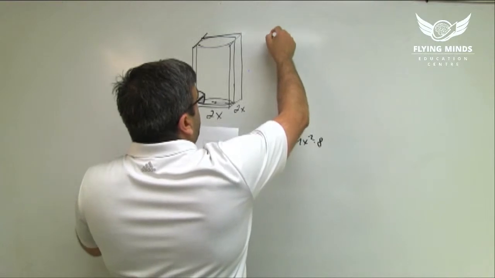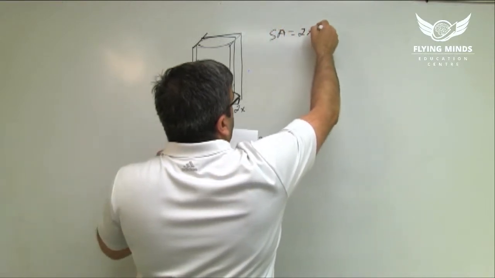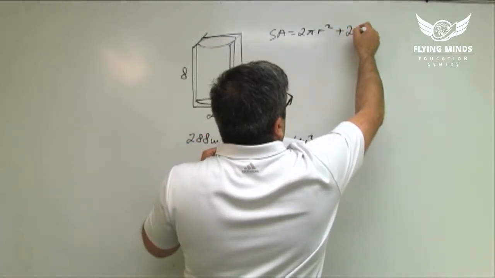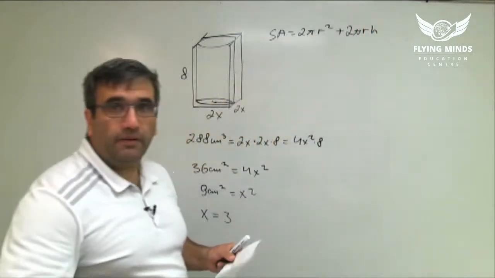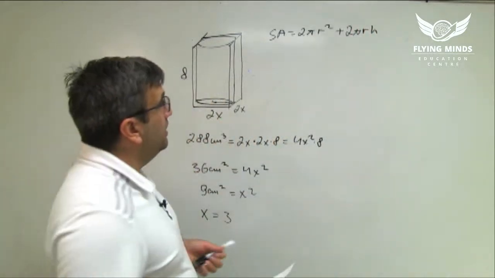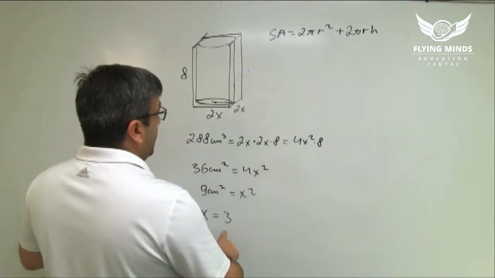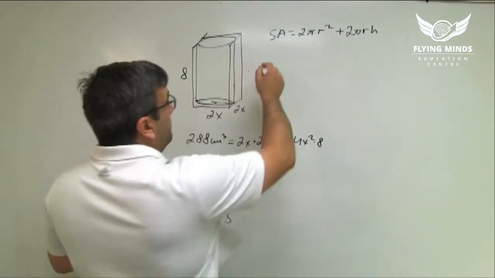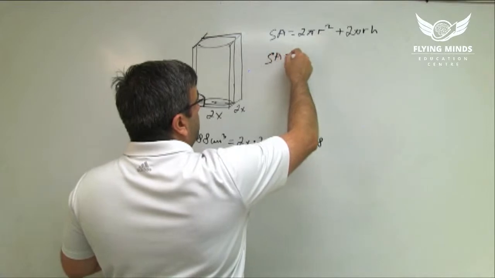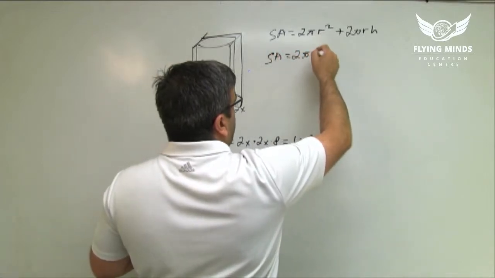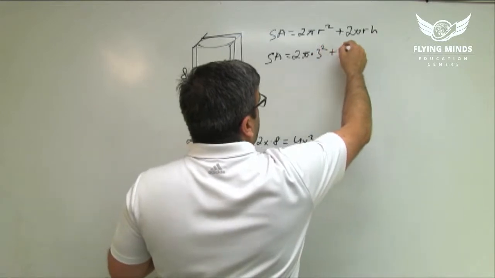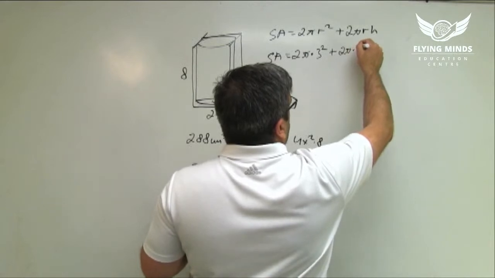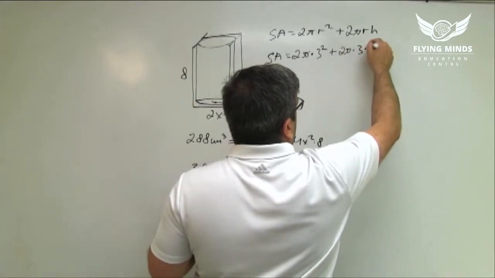So surface area of a cylinder is 2 pi r squared plus 2 pi r h, and the radius we set equals 3. Okay, so to calculate surface area, we just need to plug numbers in. 2 pi times 3 squared plus 2 pi times 3 times 8.